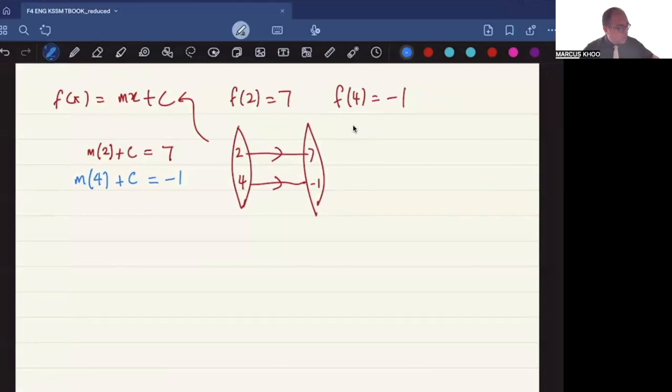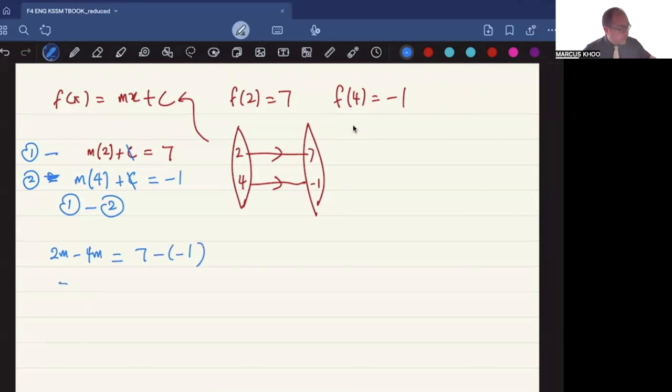So I'm going to put this as equation 1, and this is equation 2. I'm going to have equation 1 minus equation 2. Doesn't matter, because c minus c will cancel off. So 2m minus 4m, and then over here 7 minus -1.